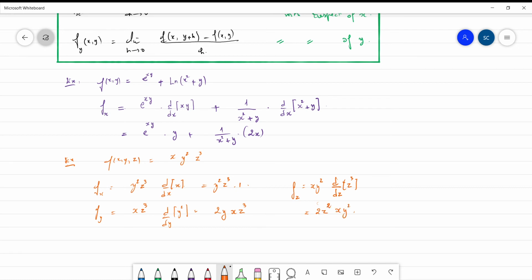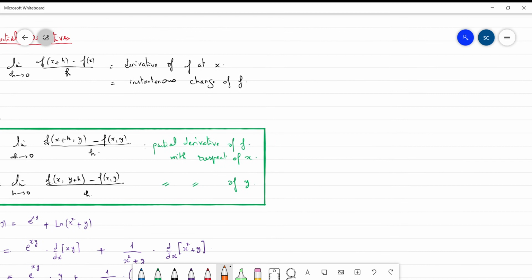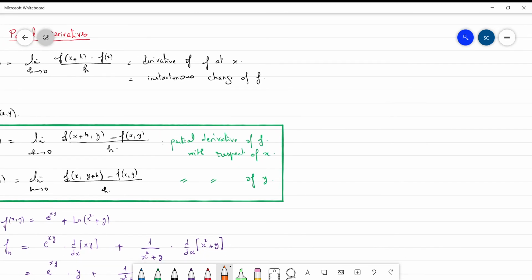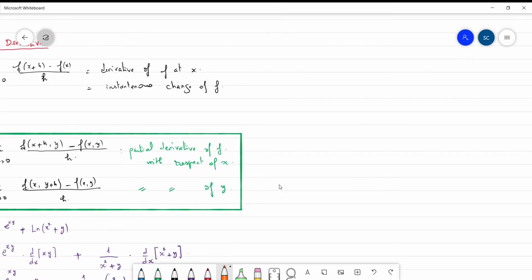Okay, now I use a different notation here. I didn't plot the point (x, y, z) because there are several notations you can use. So let's write the notation here.